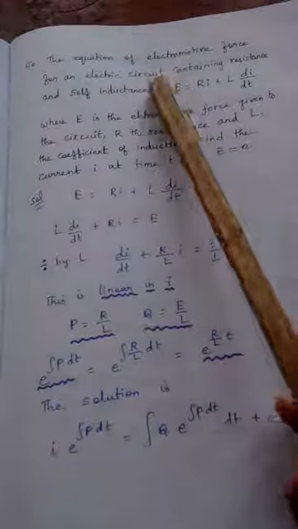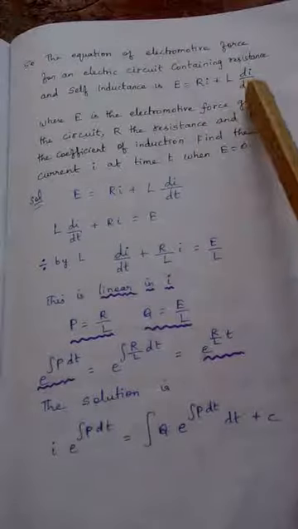Problem number 50. The equation of electromotive force for an electric circuit containing resistance and self-inductance is E is equal to Ri plus L into di by dt, where E is the electromotive force given to the circuit.